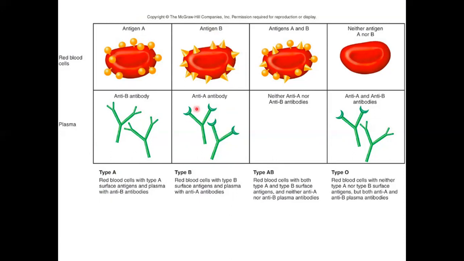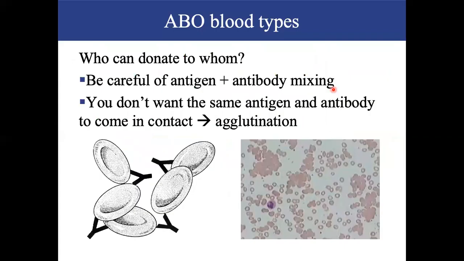So I have A antibodies in the plasma. Blood type AB, I display both A and B. And if I display both A and B, I don't have any antibodies in the plasma. If I have blood type O, O codes for nothing. So that means I don't have A antigens or B antigens. And therefore I have both of those antibodies in the plasma.